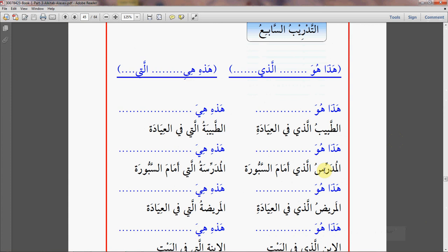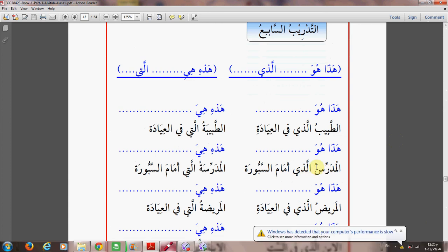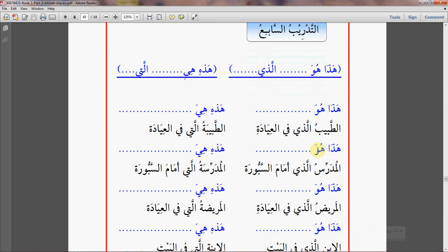The noun, adding تاء مربوطة at the end, from المدرس to be المدرسة. اسم الموصول الذي, which means which, becomes feminine which, التي. هذا هو المدرس الذي أمام السبورة. هذه هي المدرسة التي أمام السبورة. Could you see, I pronounced that properly here because it's in a sentence. I'm going to carry on reading. هذه هي المدرسة التي أمام السبورة.